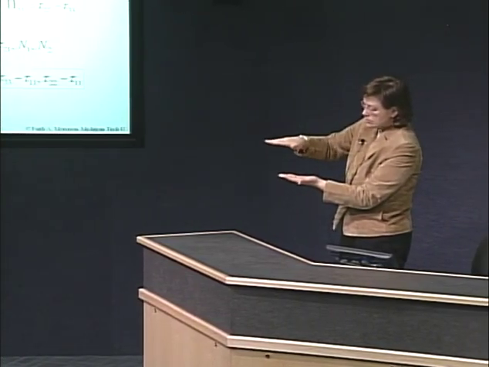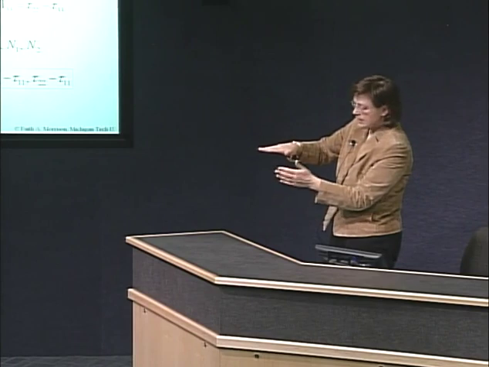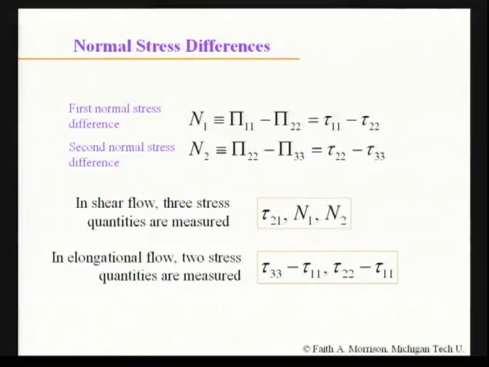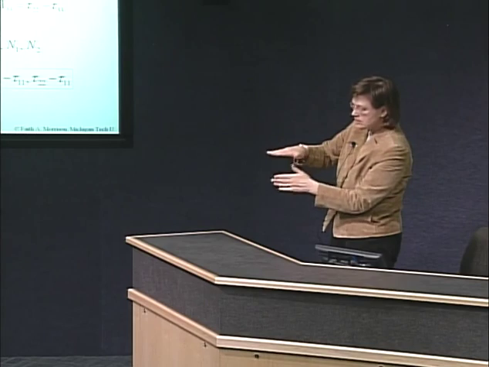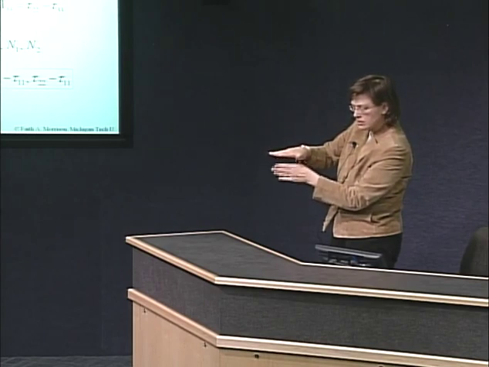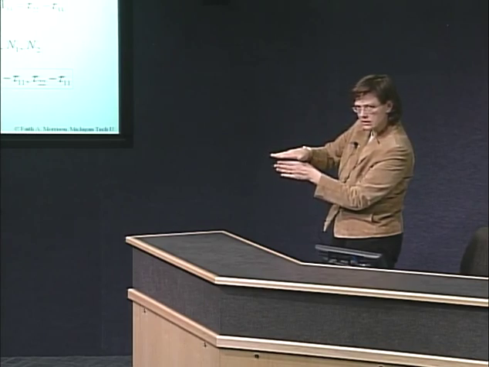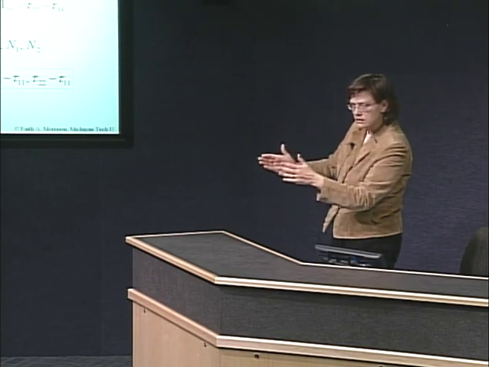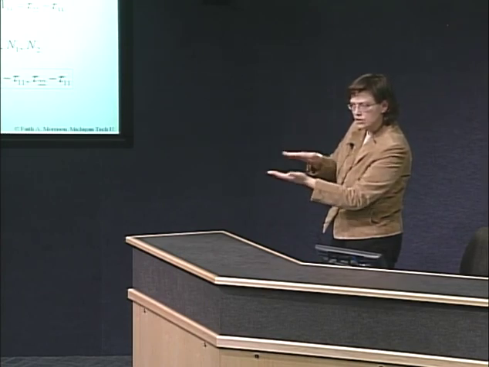The second normal stress difference is the difference between tau 2,2, so that's this top surface, and tau 3,3, which is the force on a surface in the neutral direction. It's not at all clear that there should be forces in that neutral direction of shear flow.